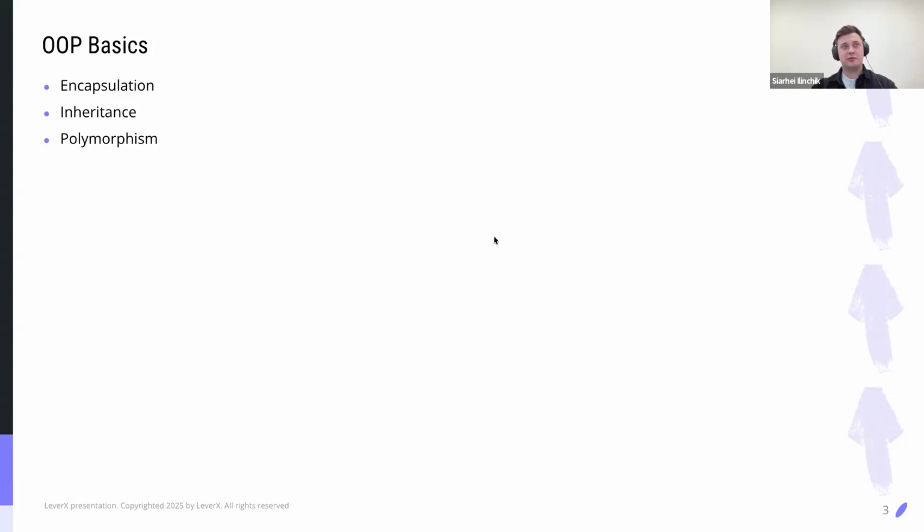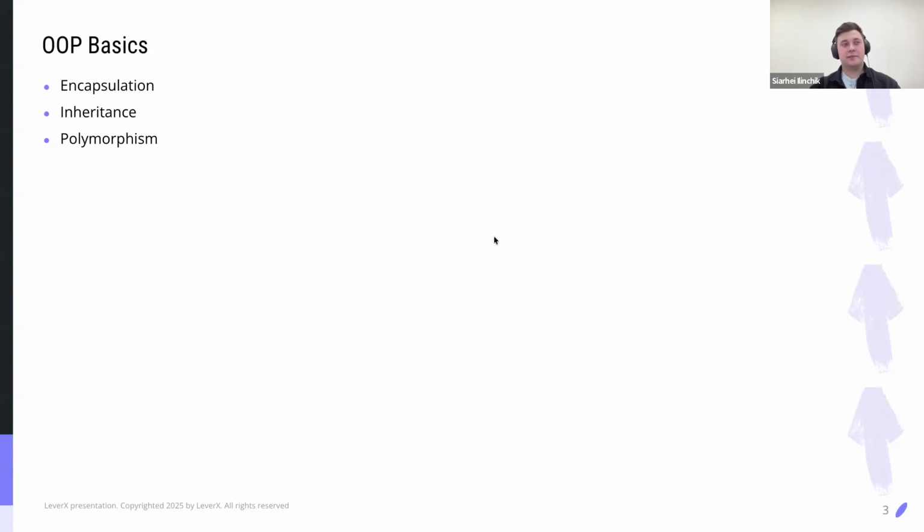This principle is more about putting the data and the methods which are using this data in one place, like in your class, in one object. So you actually do not need to have the access modifiers in order for encapsulation to exist.